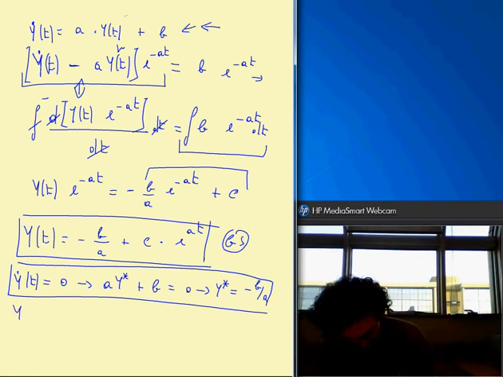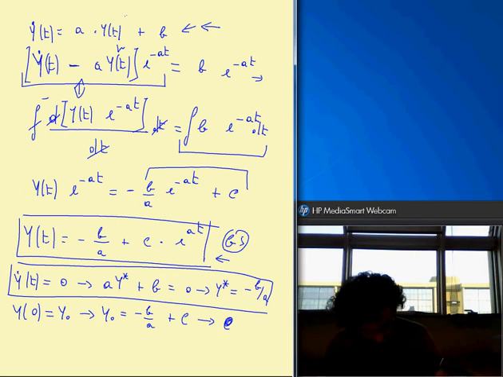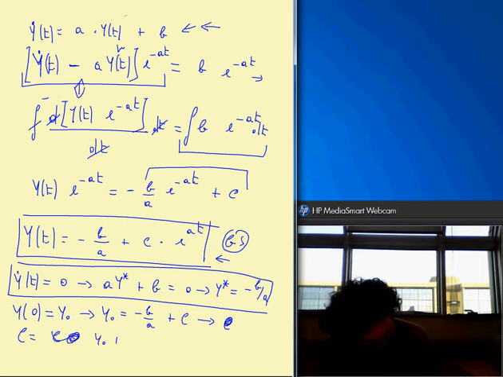If we assume that at time 0 y is equal to a value y0, this means substituting here that y0 is equal to minus b over a plus c, which means that c is equal to y0 plus b over a, which is equal to y0 minus y star.